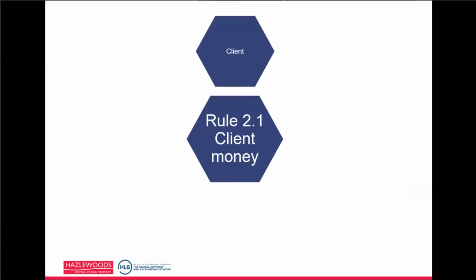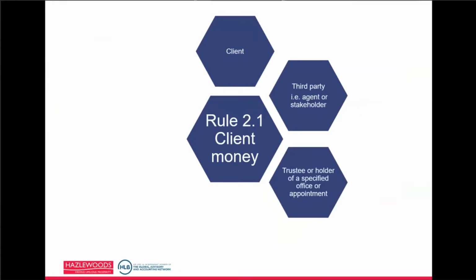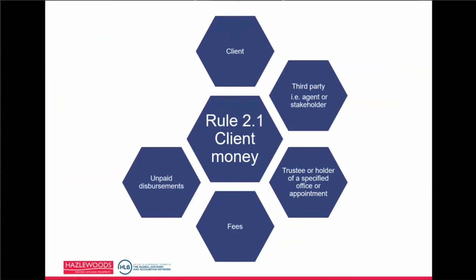Client money is also money held or received on behalf of a third party in relation to regulated services delivered by you, such as money held as agent, stakeholder, or held to the sender's order, as a trustee or as the holder of a specified office or appointment, such as donee of a power of attorney, Court of Protection Deputy, or trustee of an occupation or pension scheme. Money held in respect of your fees and any unpaid disbursements, if held or received prior to delivery of the bill for the same. There is no longer any different treatment for professional disbursements.